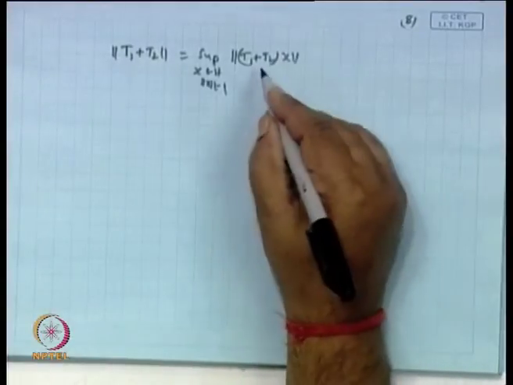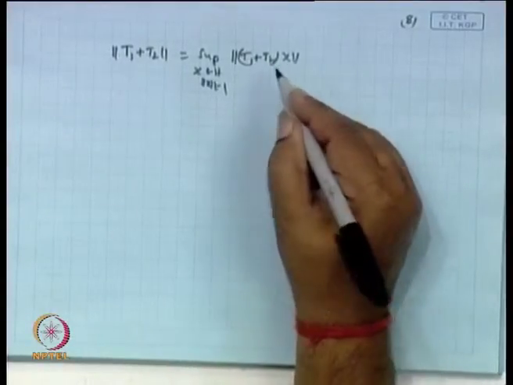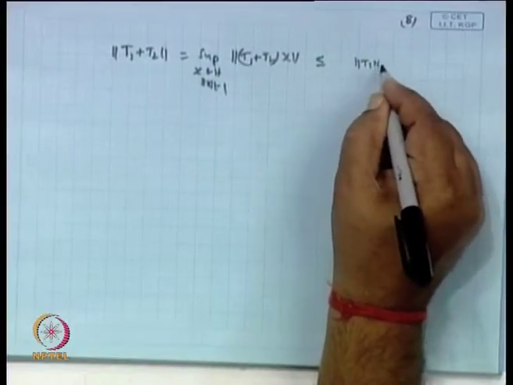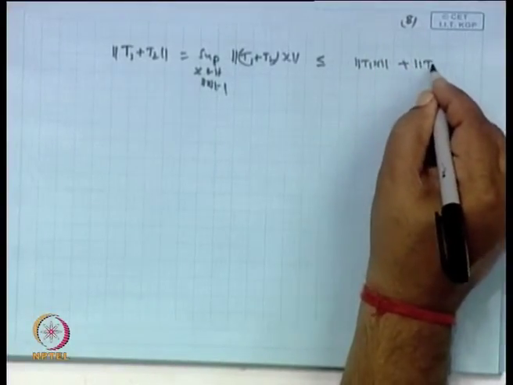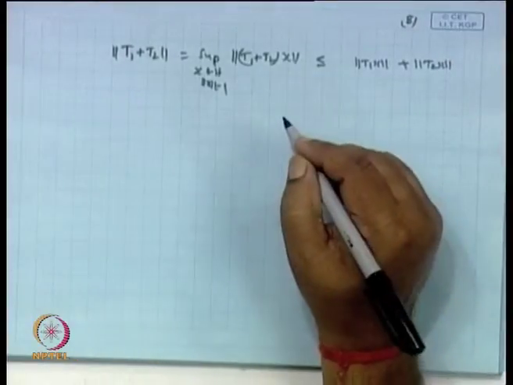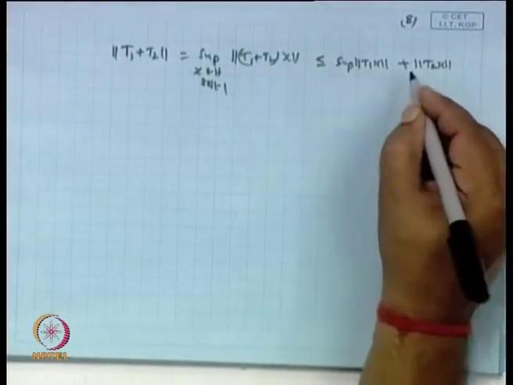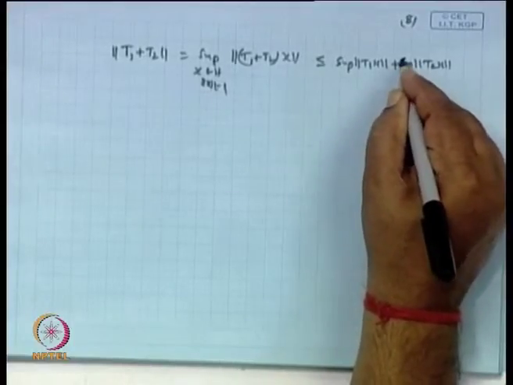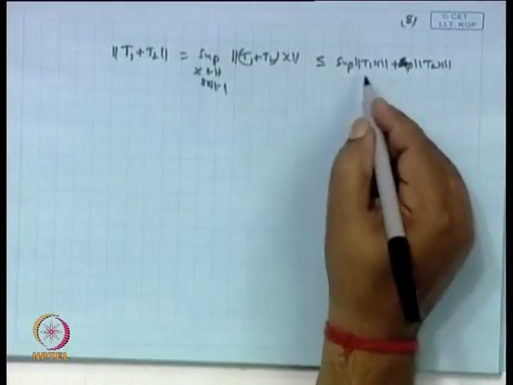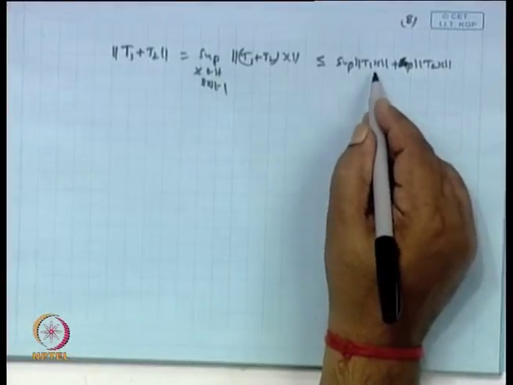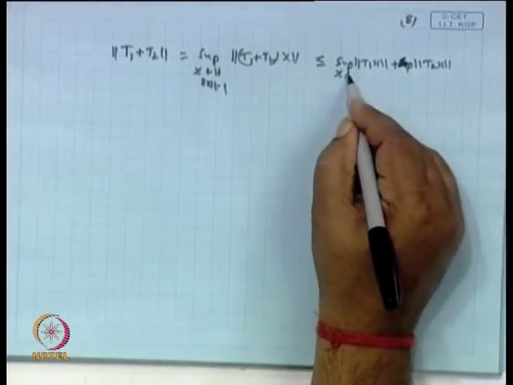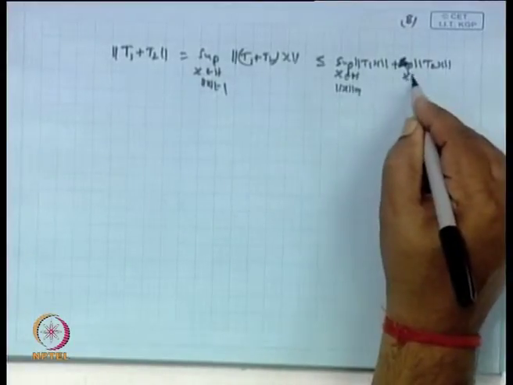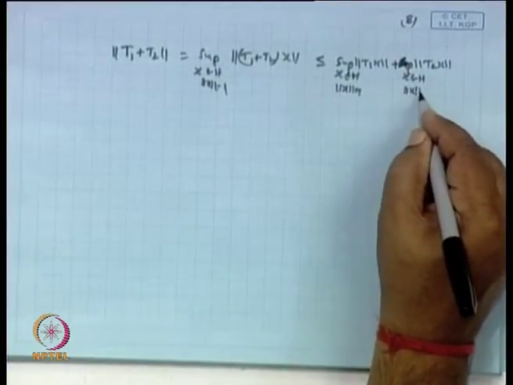Now this will be, because T1 and T2 are bounded, less than or equal to norm of T1x plus norm of T2x, is it not? And the supremum of this and the supremum of this, over x belonging to H where the norm of x is 1.